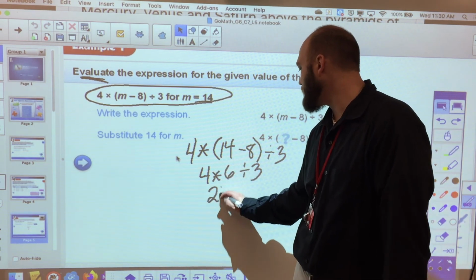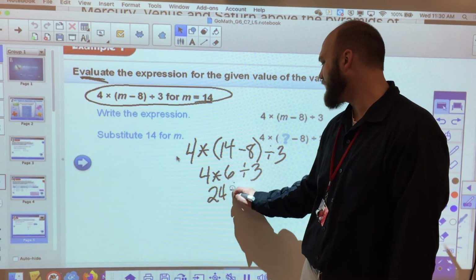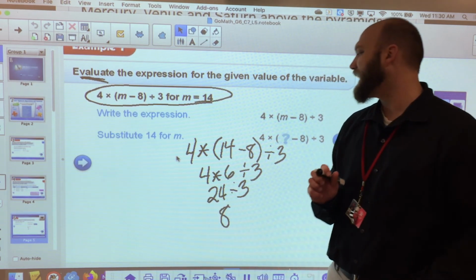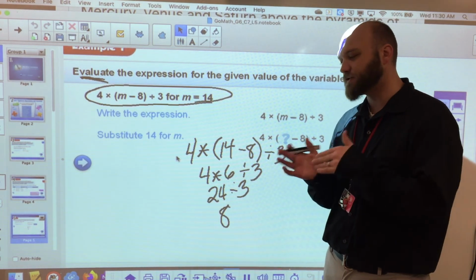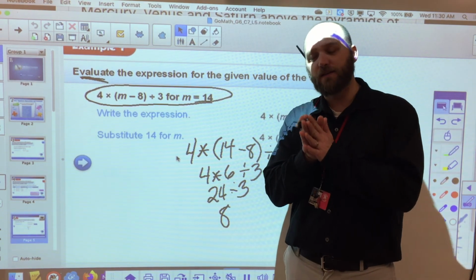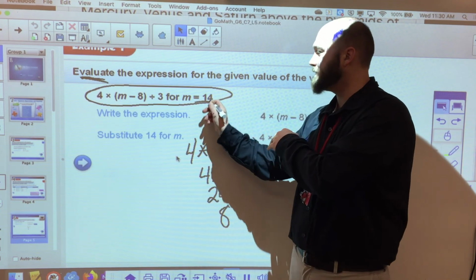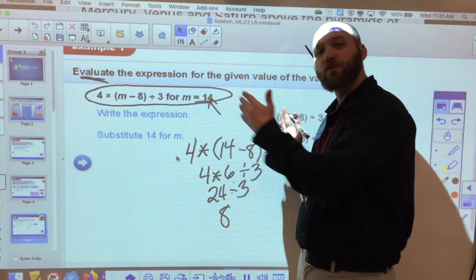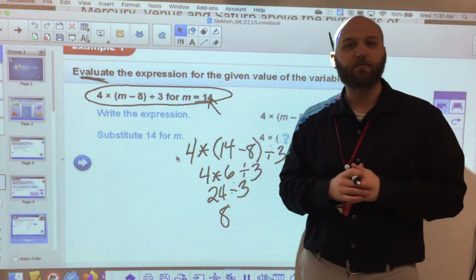So I would multiply 4 times 6 to get 24, and then I would divide it by 3. And 24 divided by 3 gives me an answer of 8. Okay, left to right. So first you want to substitute, putting in the value that our variable is worth, and then use PEMDAS, the order of operations, to solve.